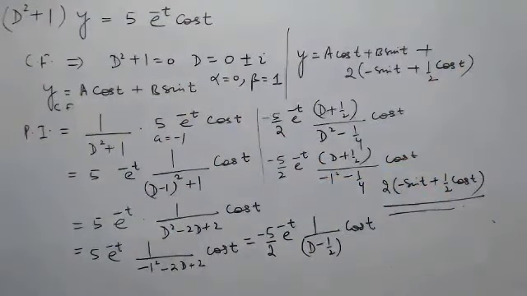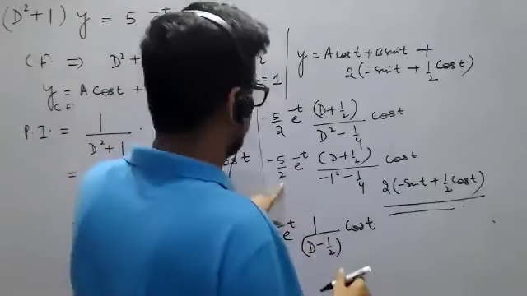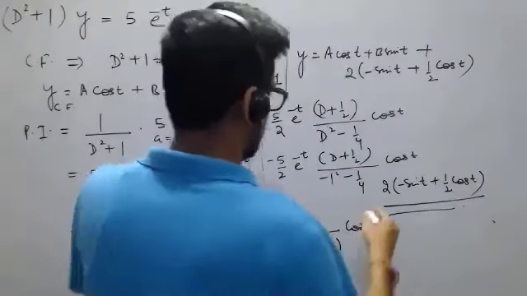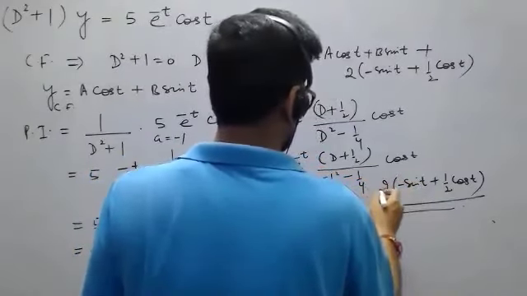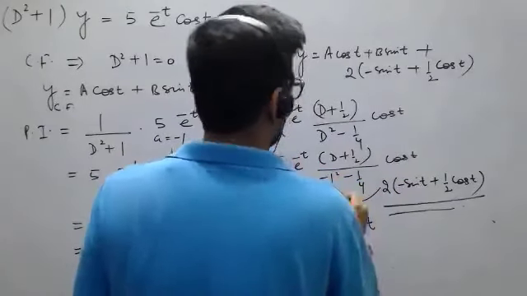So there is e raised to power minus t term also. Where? In the particular integral. From where? Here, just multiply minus 5 by 2 e to the power minus t.